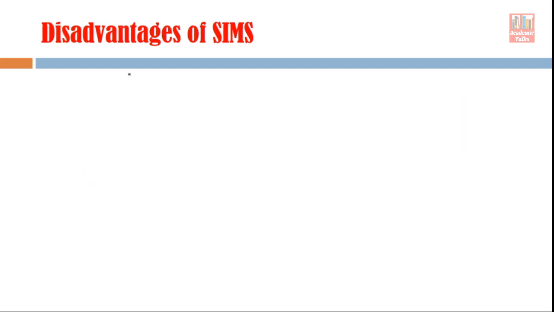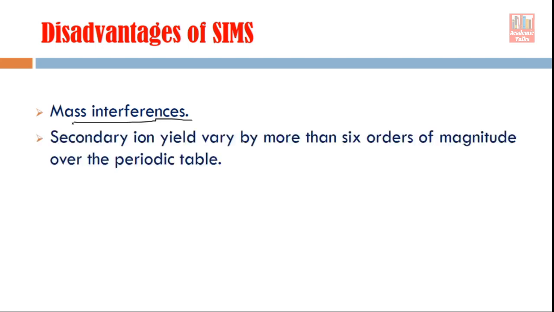If we talk about the disadvantages, there is mass interference. We are detecting the masses of the species present in the sample, so mass interference can occur because of other elements having similar mass.